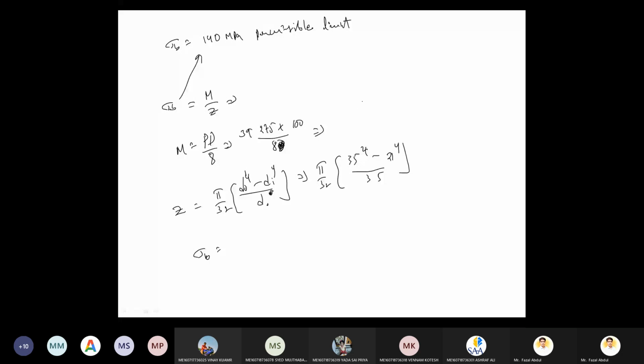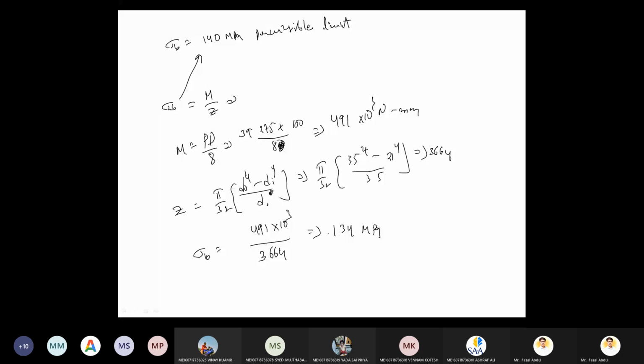And pi by 32 into (35 power 4 minus 21 power 4) by 35 is 3664. Now 491 into 10 to the power of 3 by 3664 is 134 megapascal.